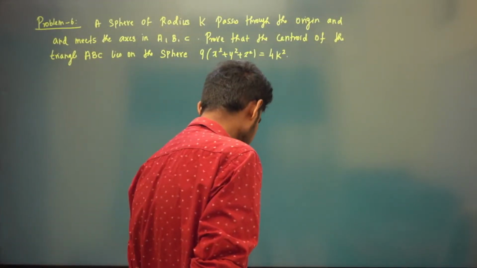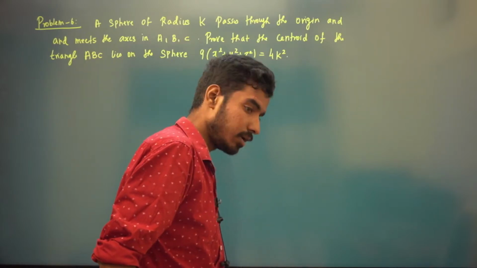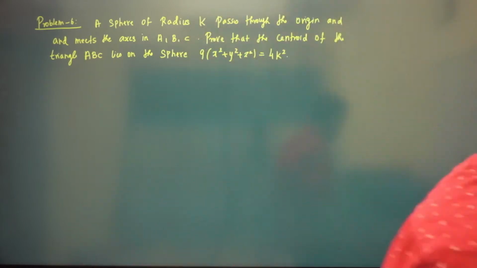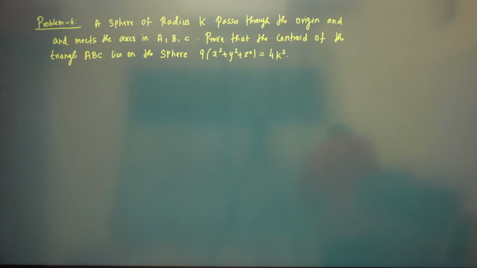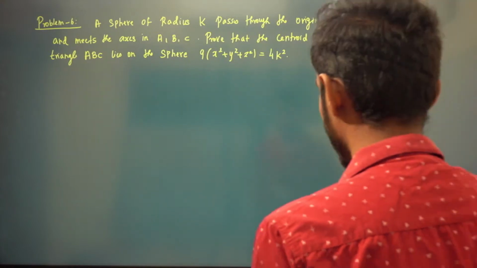Very important problem and again a very easy problem. You just recall the centroid of a triangle formula and the centroid of a tetrahedron formula, then this will be very easy to follow.